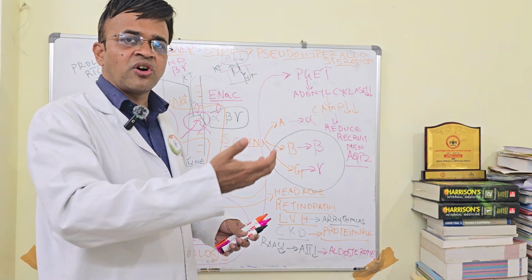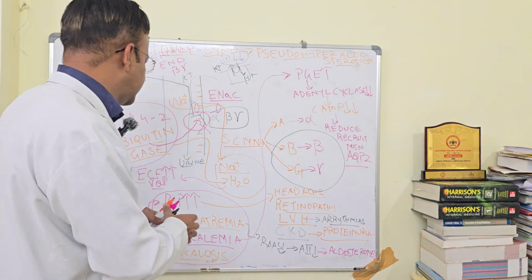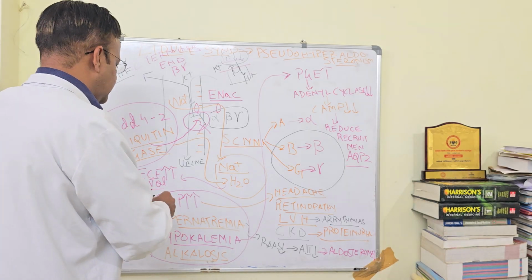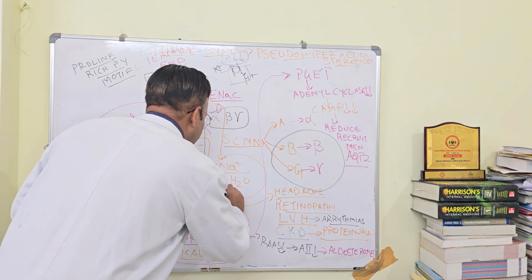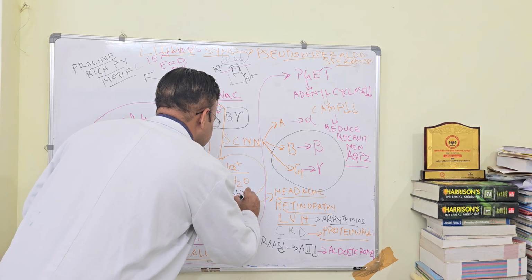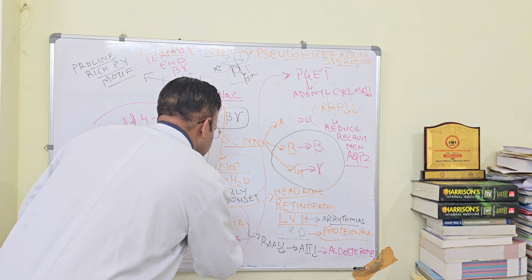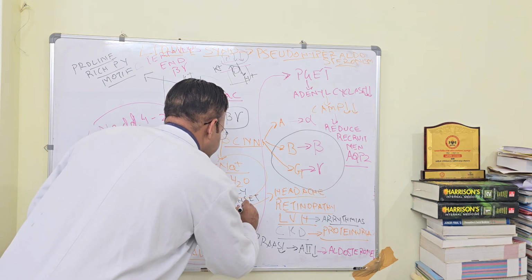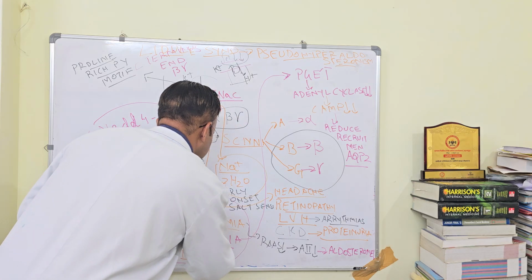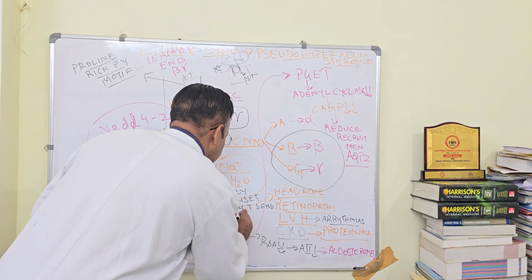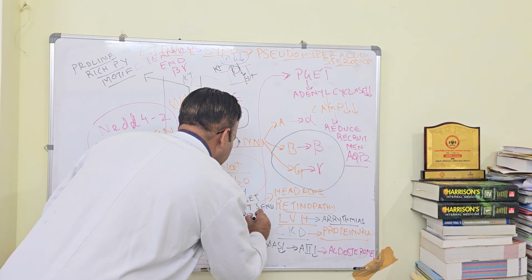So we can say early onset, salt sensitive, and treatment resistant hypertension, apart from, of course, your amiloride.